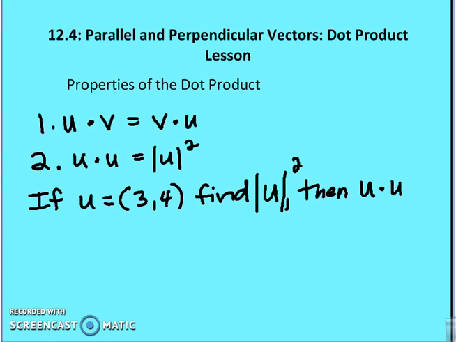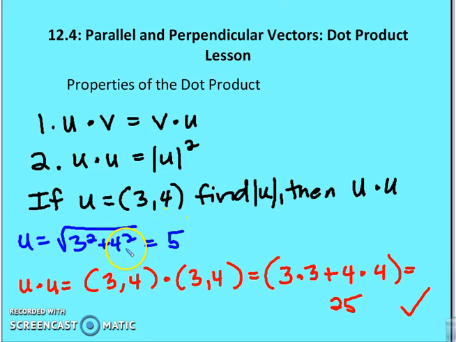Let's take a look at the second one. I want you to figure out if u is 3, 4, find the magnitude of u squared, then u dot u. I'm going to pause here while you figure this out. All right, so the magnitude of u is equal to the square root of 3 squared plus 4 squared, which is equal to 5.